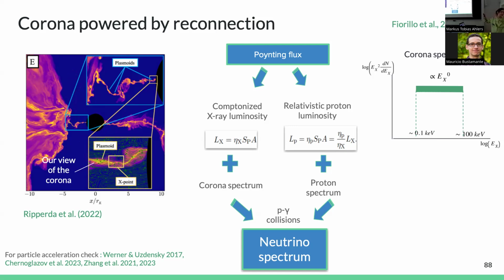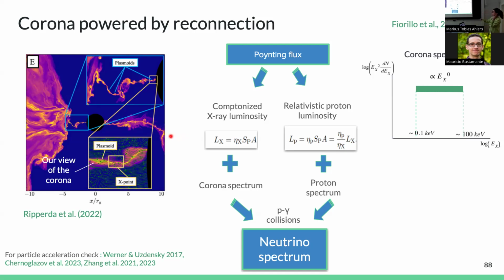And this is a very dynamic kind of process. It's not a stationary situation. This can be destroyed and revived and so on. By the way, this is a 3D GRMHD simulation that does not account for the kinetic physics of particles. It's just fluids, GR, and electromagnetic fields.